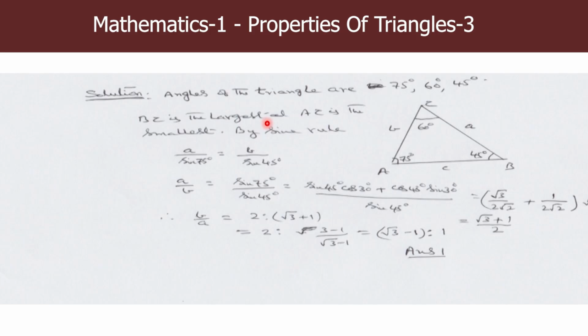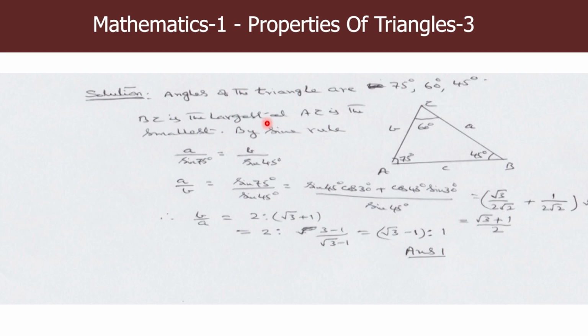By sine rule, you can say that a by sine 75, if you see the diagram, is equal to b by sine 45. So a by b is equal to sine 75 by sine 45, and that is √3 plus 1 by 2.